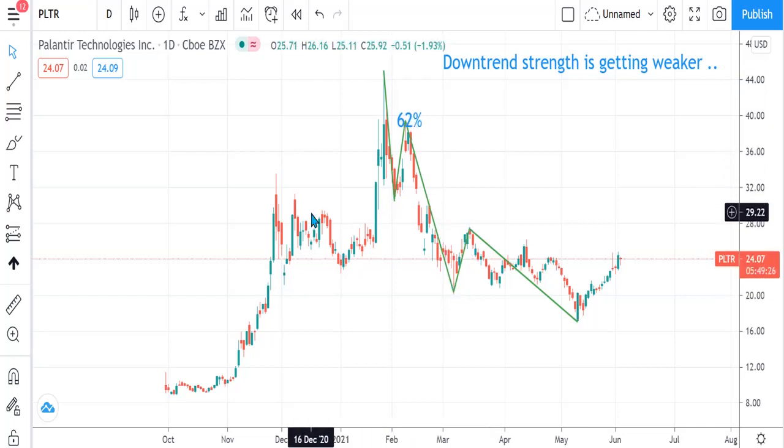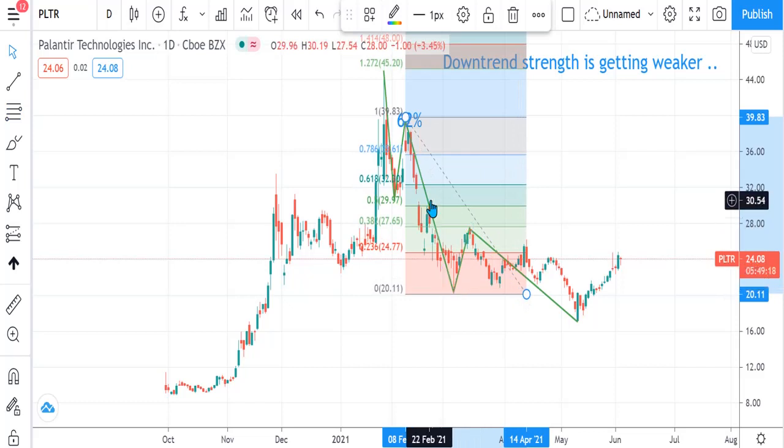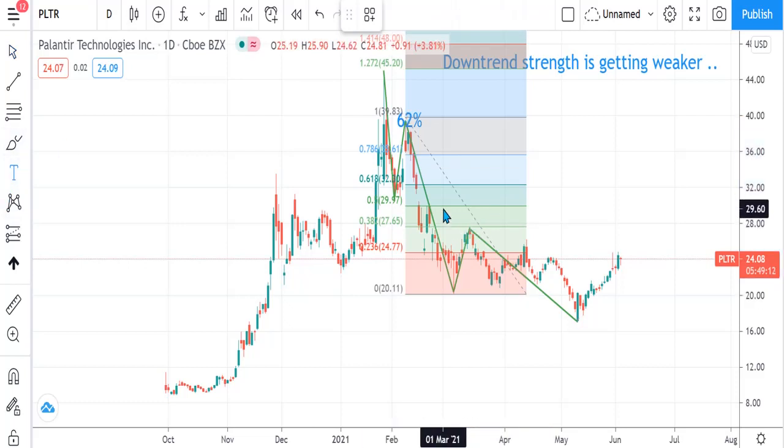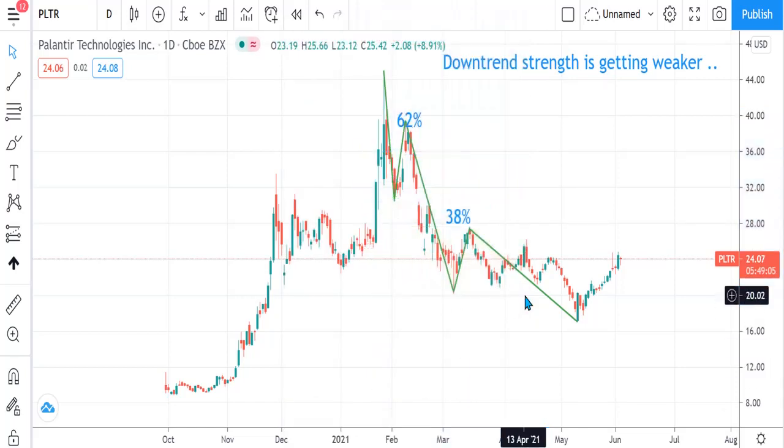Then we have a second loop here. Okay, and then we will take the tool again from the top there all the way down here. Now it is able to go up only by 38%. Okay, I'm going to jot it down, 38%. What does it tell us?